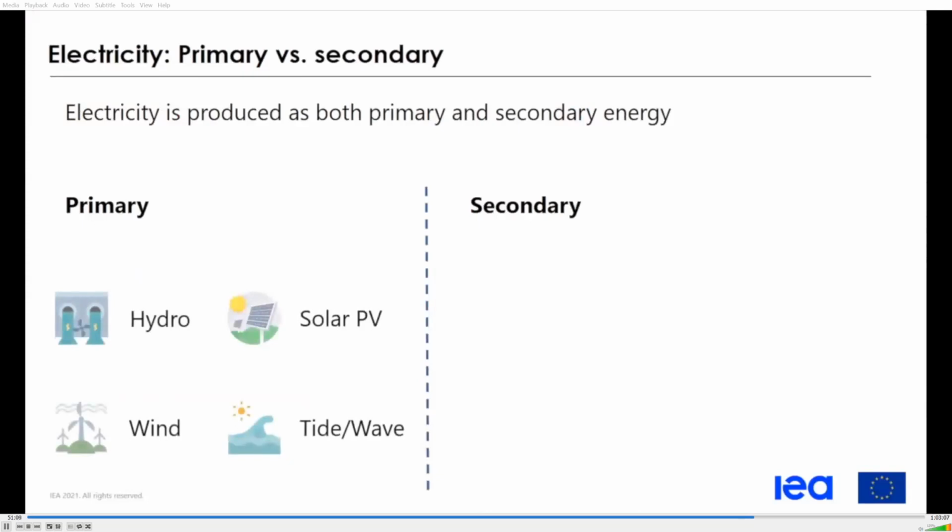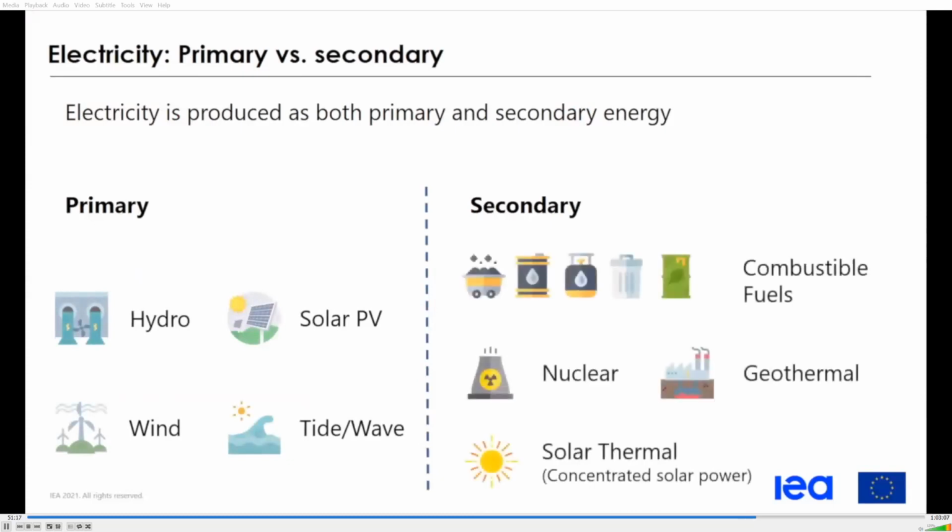Secondary sources are obtained from the heat generated by burning a combustible fuel, so either fossil fuel, coal, oil, gas, etc., or also from nuclear fission, from geothermal energy, and from solar thermal heat. So this is the first distinction that you can find in the dataset when we talk about primary electricity and secondary electricity.